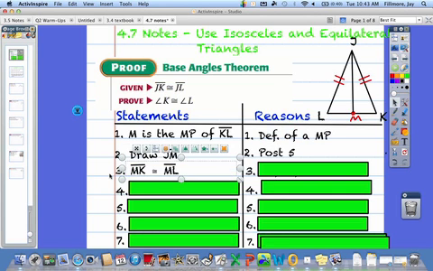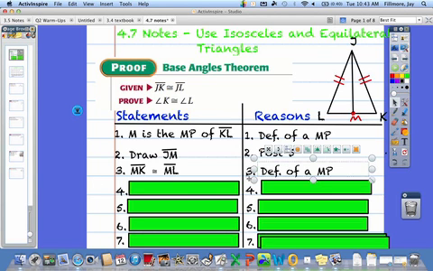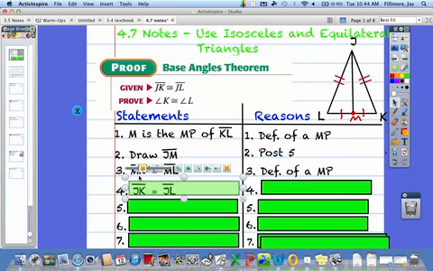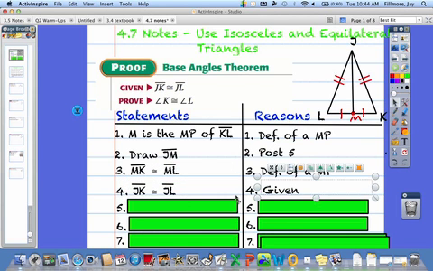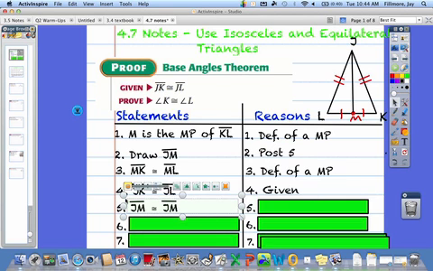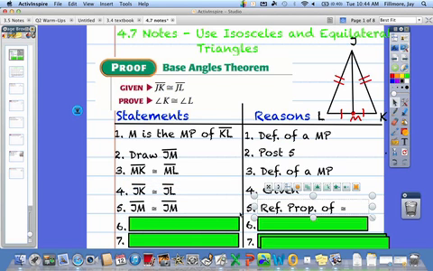So from this point, we can say that MK is congruent to ML, these two segments, because of the definition of a midpoint. We made sure that M was the midpoint, so we can say these two segments are congruent. Next, these two triangles share a side. Oops, I'm sorry. We're given these two sides are congruent, and then they also share a side using our reflexive property.